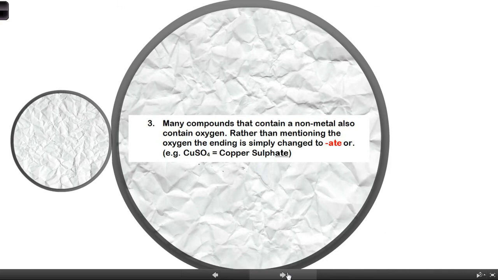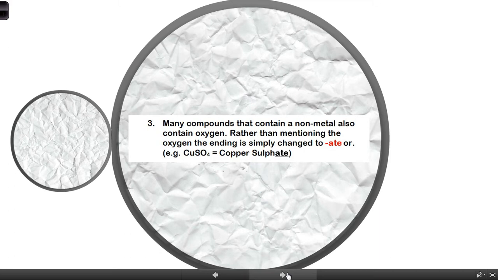Number 3, many compounds that contain a non-metal also contain oxygen. Rather than mentioning the oxygen, the ending is simply changed to "ate." So guys, if we've got three things, a metal, a non-metal, and oxygen as well, think of that as the man and the woman and the kids have come along now too.